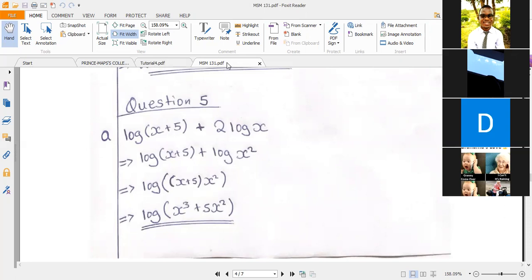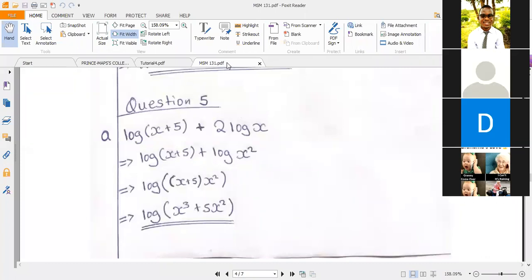So this is the same as log of x plus 5 plus that 2 can be brought in and say x to the power 2. So the 2 can be taken as the power. We do the reverse of what we were doing, where we were dropping the powers. So we take back the power because we want the coefficient of a log to be 1.